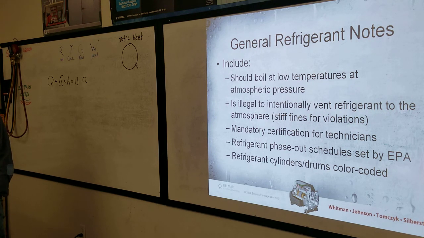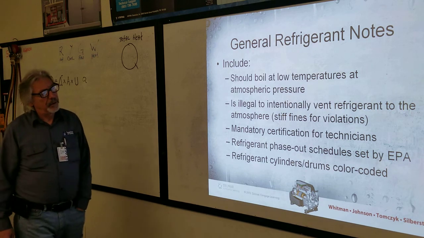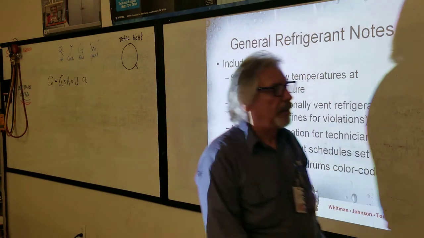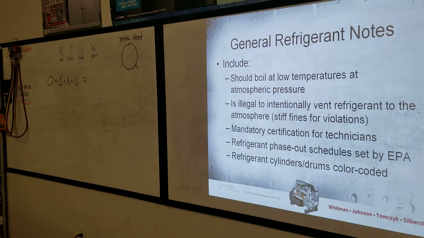General refrigerant notes include: refrigerants should boil at low temperatures at atmospheric pressure. It is illegal to intentionally vent refrigerant into the atmosphere, with stiff fines for violations. Certification is mandatory for technicians. The refrigerant phase-out schedule is set by the EPA.